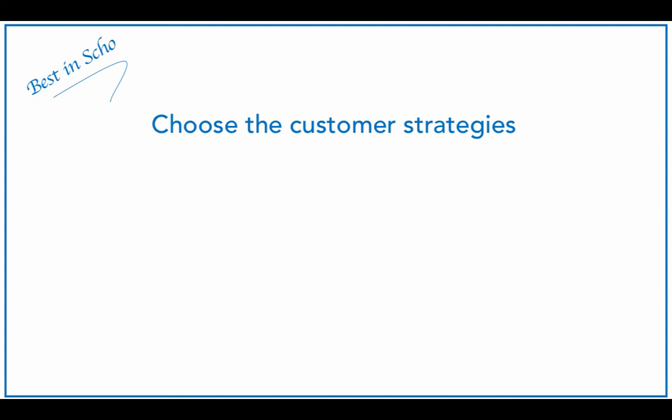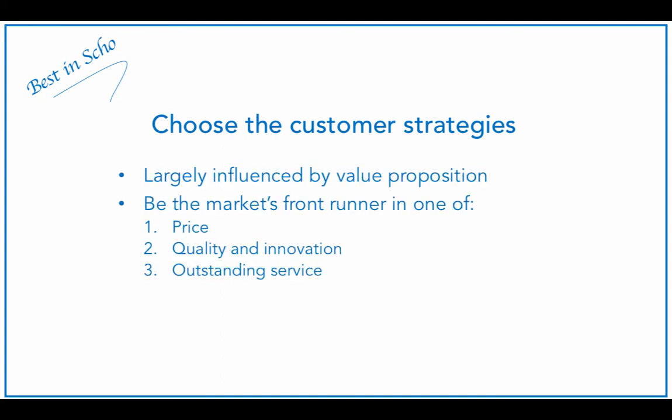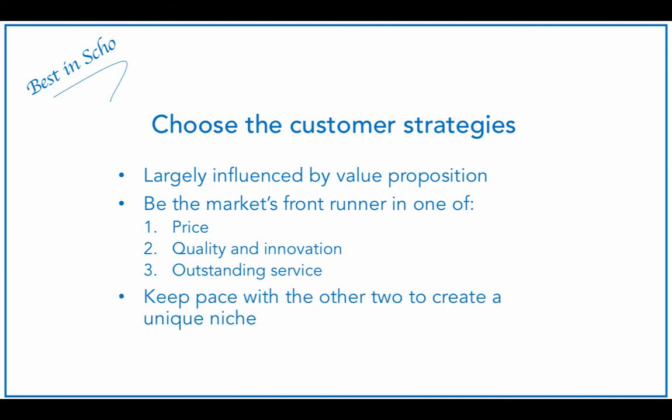This step is largely influenced by the choice of value proposition, with the plan to be the market's front runner in one of price, quality and innovation, or outstanding service. We want to keep pace with the other 2 and then create a unique niche by leading with one.